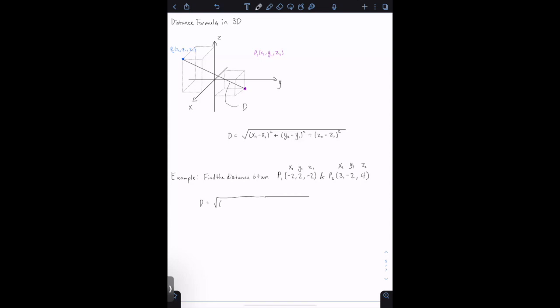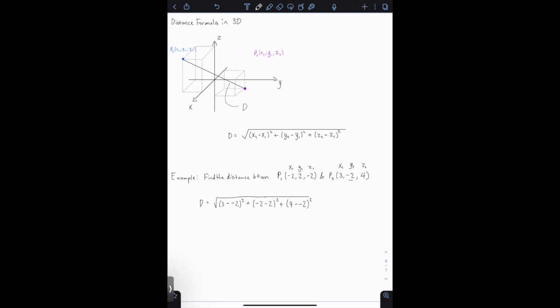So we have 3 minus -2 squared, plus y2, which is -2, minus y1, which is 2, that's squared, plus z2, which is 4, minus -2, which is z1, squared.